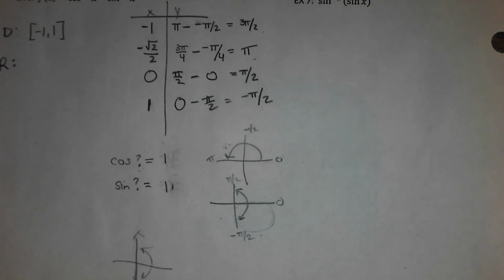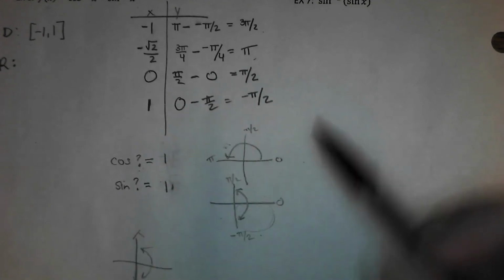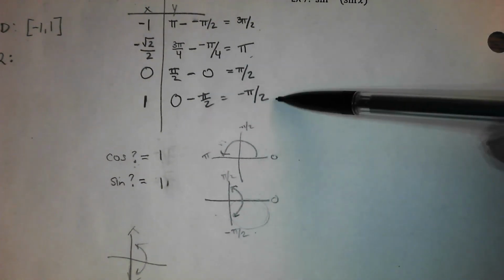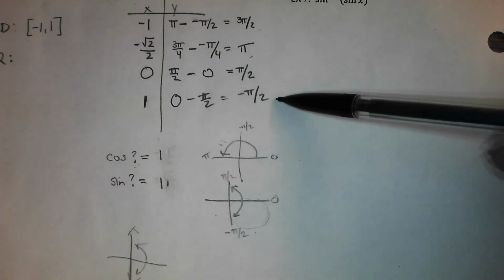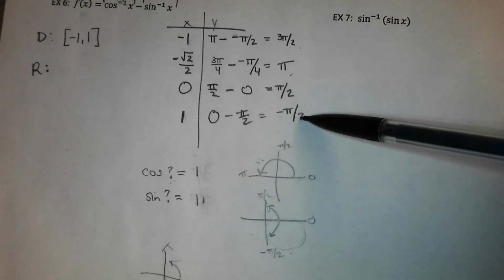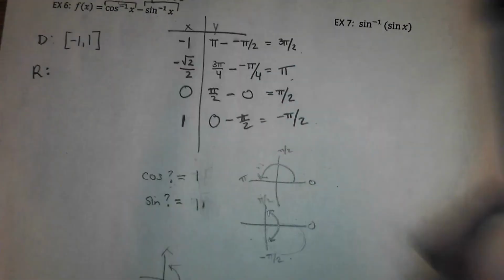So that gives you something as low as negative pi over 2. And that would be the highest right down to the lowest. So after a lot of pain, the range appears to be negative pi over 2 to 3 pi over 2.